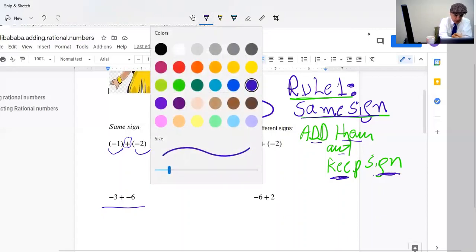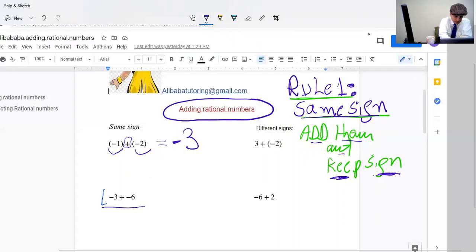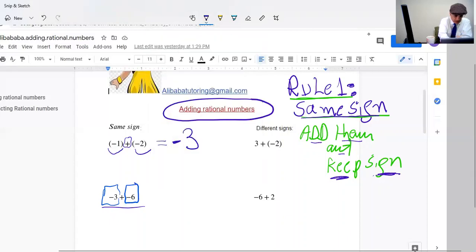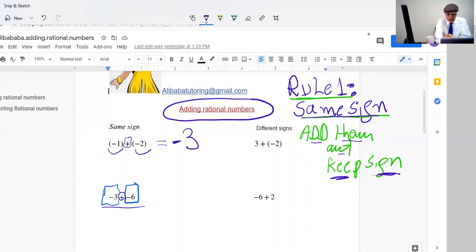I'm going to look at this question here, and I see -3 and a -6. And between them, there's an addition. So this is adding two numbers that have the same sign. Let me go back to my rule. Rule one says, if it's the same sign, add them and keep the sign.